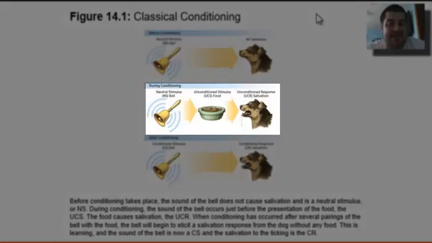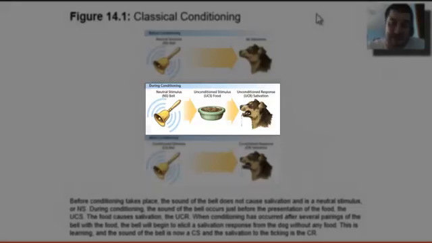Then during conditioning, the neutral stimulus, the bell, is paired with the unconditioned stimulus, which in this case is food. The dog does not have to learn to salivate when presented with food. It happens. So the salivation is the unconditioned response in this instance.